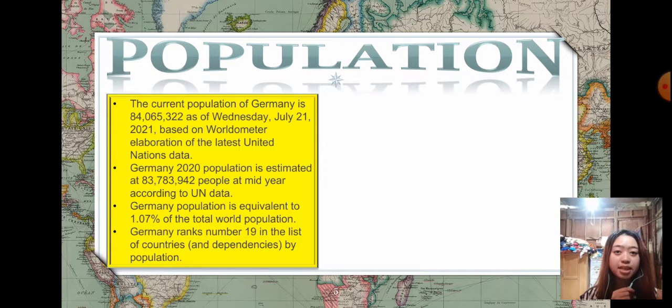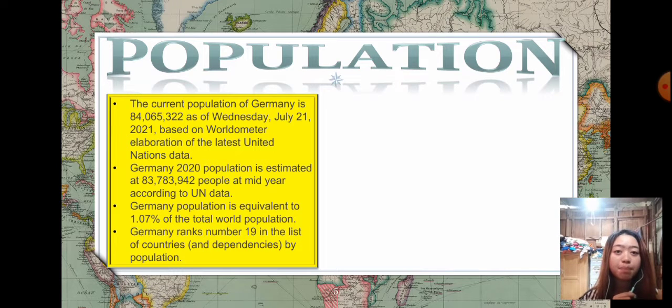Also, Germany in the year 2020, their population is estimated at 83,783,942 people at mid-year according to UN data. So you could see that in the year 2021, nisaka gyud og 1 million kapin ang population sa Germany kaysa 2020, 83 million kapin.